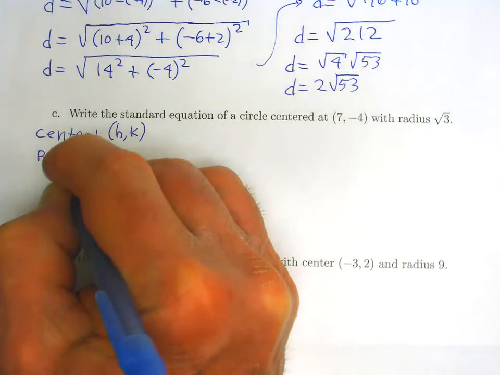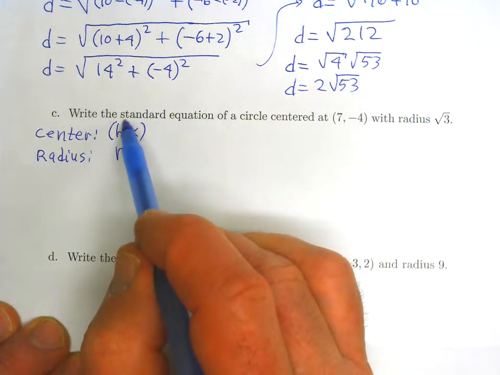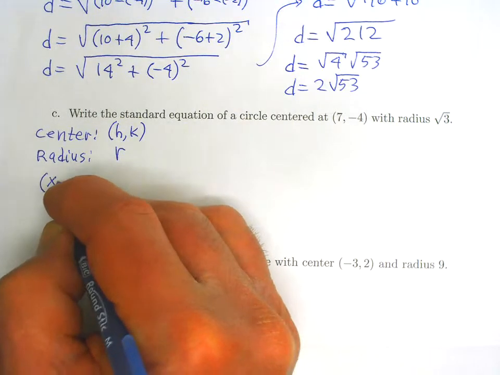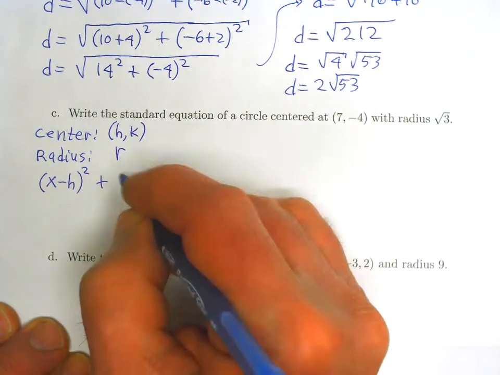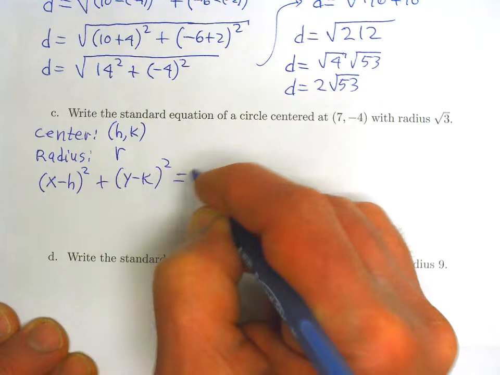And if the radius of the circle is r, then the standard equation for that circle is the binomial x minus h squared plus the binomial y minus k squared equals the radius squared.